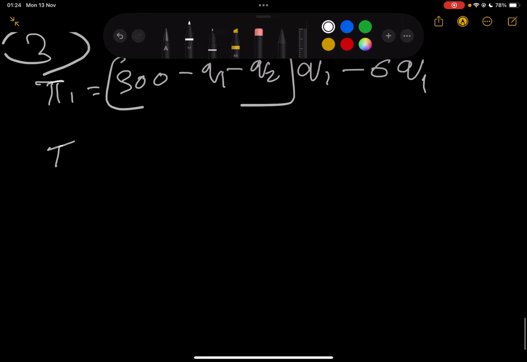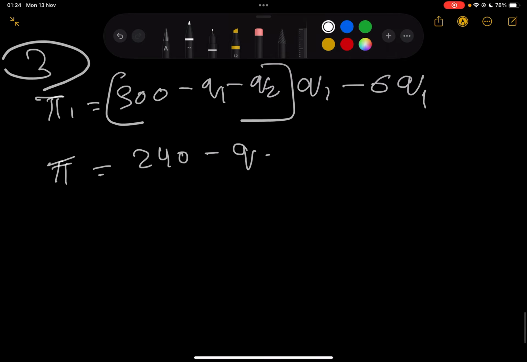Now the profit is going to be (240 minus Q1) times Q1 minus 60 Q1. I'm simplifying it very much.